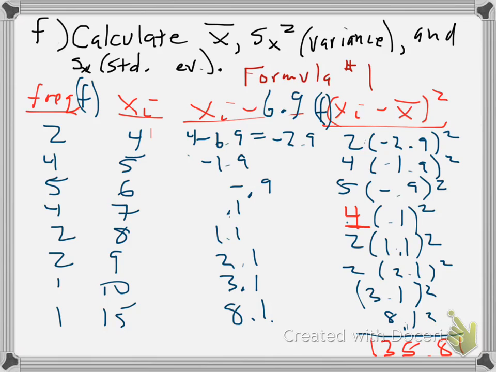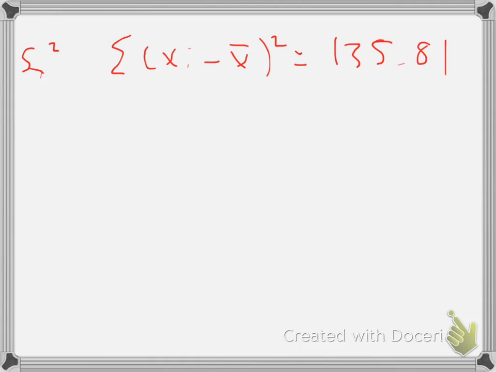So please pause it because I'm going to erase this screen. So what I got there is that the sum of all my data points minus the mean squared was 135.81. And if I recall, for the formula for the variance, I needed to essentially just take this number and divide it by n minus 1.